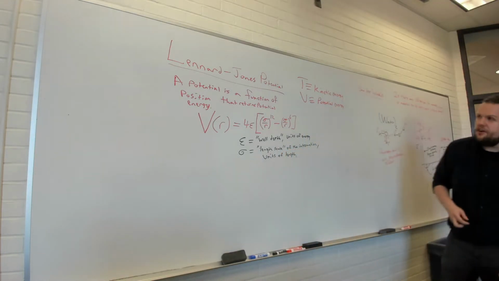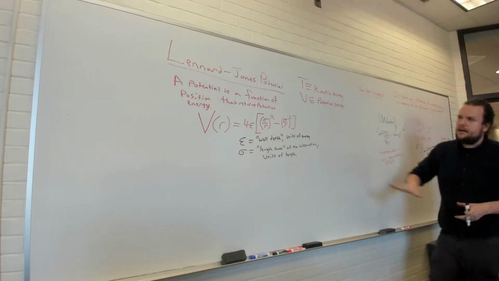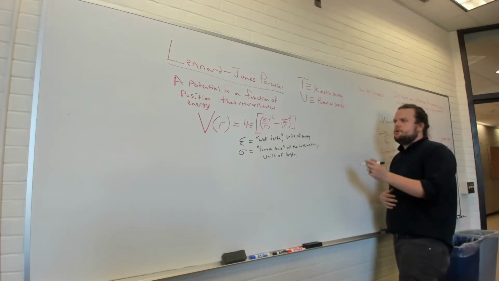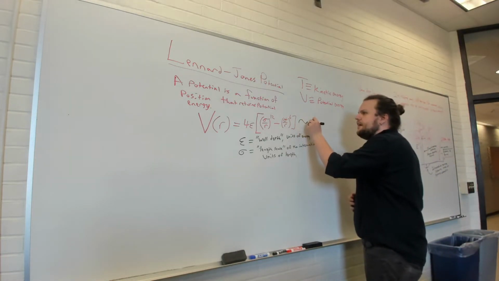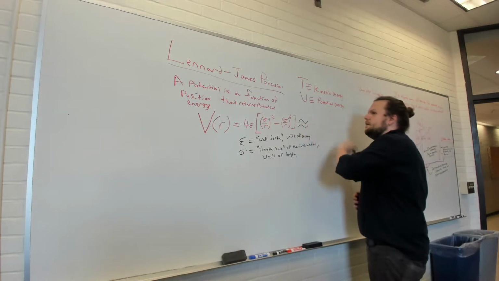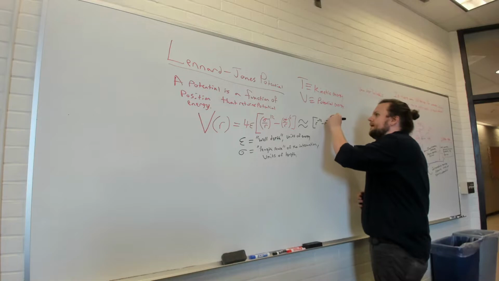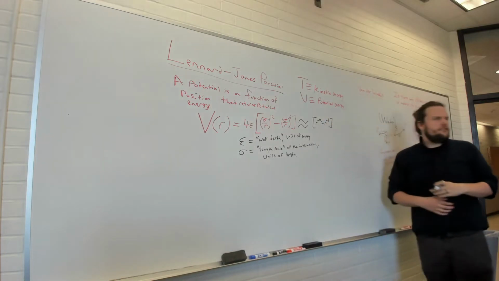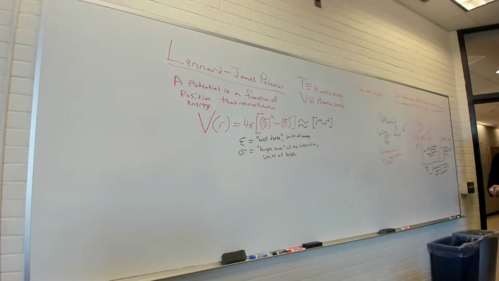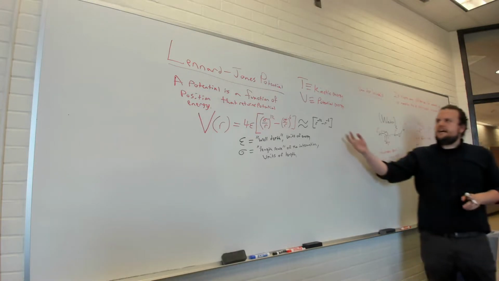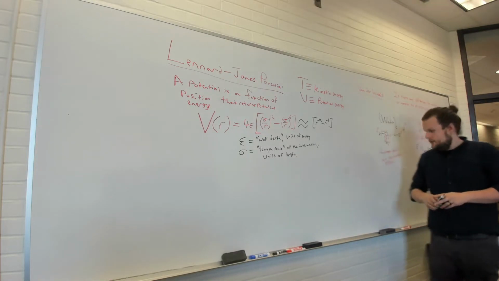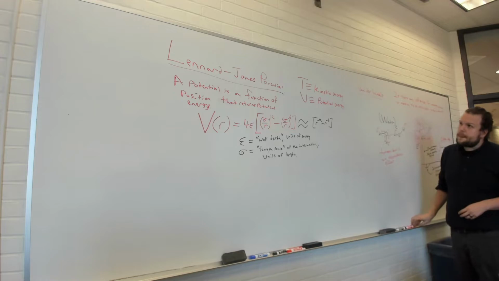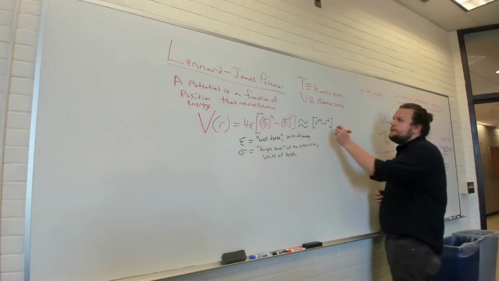If we look at this function a little more carefully, if we blur our eyes a little bit, this kind of looks like r to the minus 12 minus r to the minus 6, which is kind of strange. But these 12 and these 6 actually have physical meaning. I'll explain what they are.